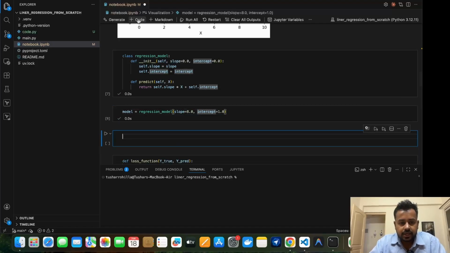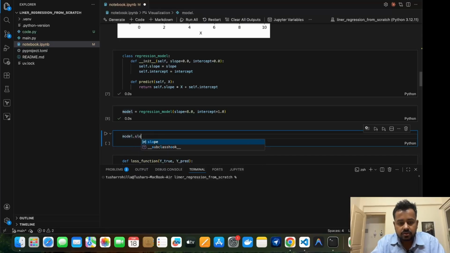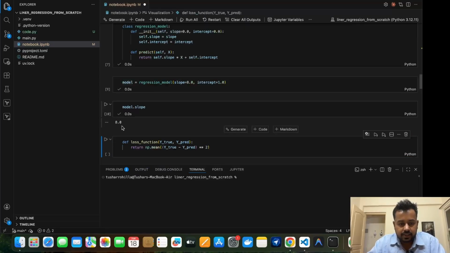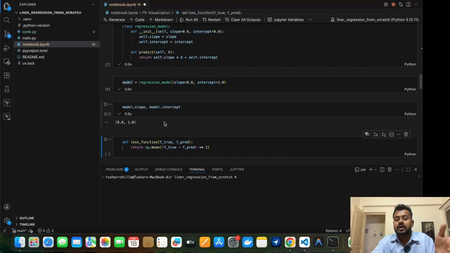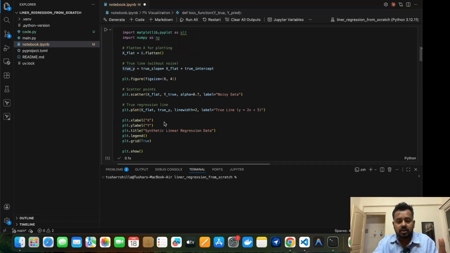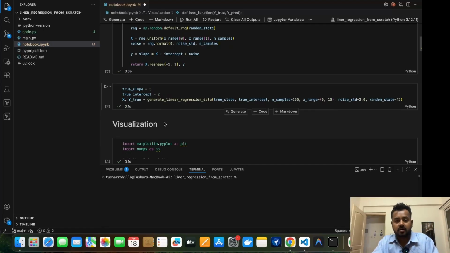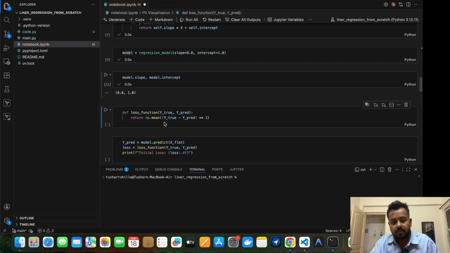You can check the model dot slope is 8, and model dot intercept is 1. These are the randomized initial parameters of the model, and normally we will train our model on this data set, and you'll see that our model will learn these true values. It will reach the true value. That is called learning in machine learning.